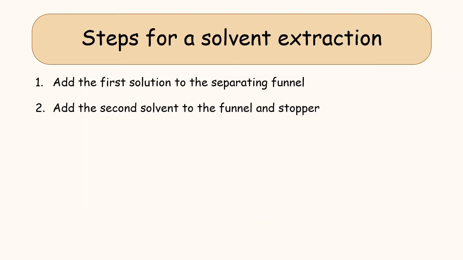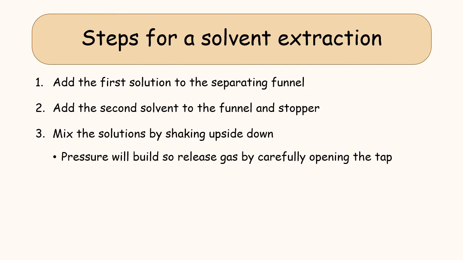So use a separating funnel, so you need to know that bit of equipment, a separating funnel. And you add your second solvent to the funnel and then you stopper the flask. You mix the solutions and you usually turn it upside down to do the mixing. The reason for this is that pressure builds up and you can use the tap that's normally at the bottom to open and release that pressure.